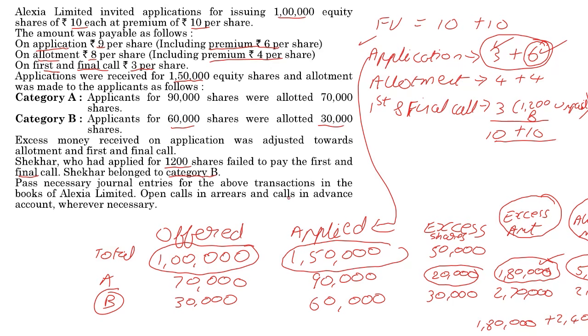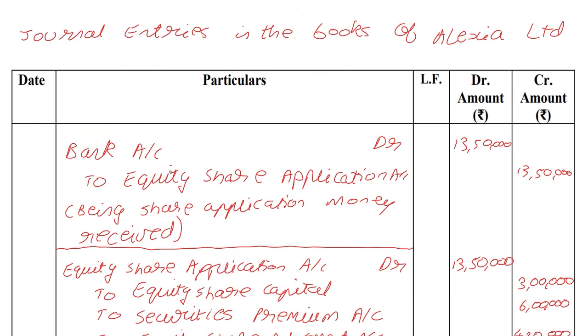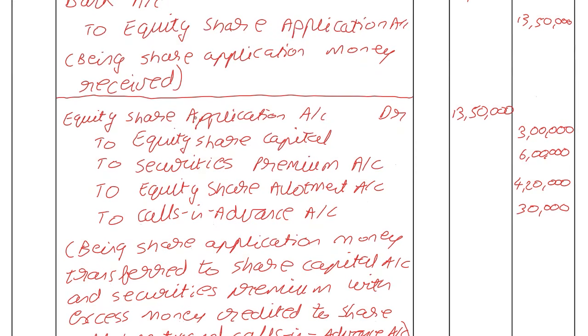Okay. So remember, when we do issue of shares, the first entry, which is application, we always start with receipt and then go to transfer. So what's happened over here is we have bank account debit to share application. Okay, we have share application to capital, but going forward it will always be the same.